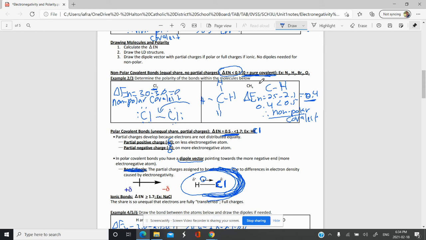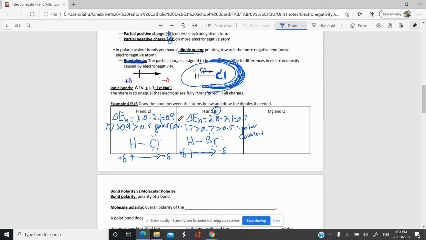There's only one bond there. We found that CH4 has 4 bonds, basically 4 CH bonds, and each of those bonds is going to be non-polar because the difference between C and H is 0.4. And then we did other molecules that were polar, and we drew them out, and we found the difference. And we saw that they ended up being polar covalent bonds, and so we drew our arrows to show that.